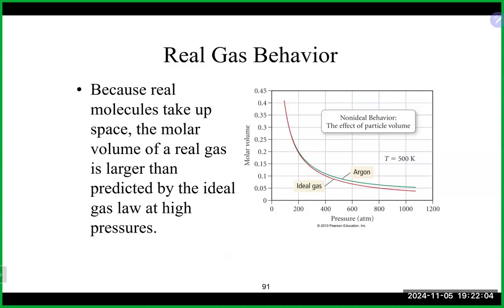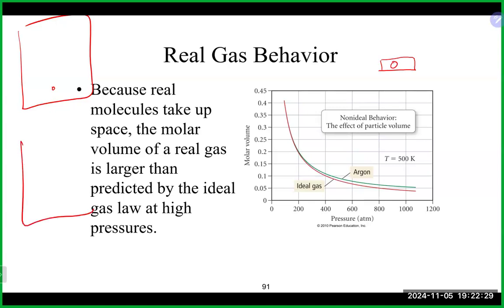Real molecules do take up space, because when you have those really small volumes due to the high pressures, you now have gas molecules in a volume that is very significant. You could think of it like a trash can: if you toss a marble in it, the volume of the marble versus the trash can is not all that much. That's the ideal situation.